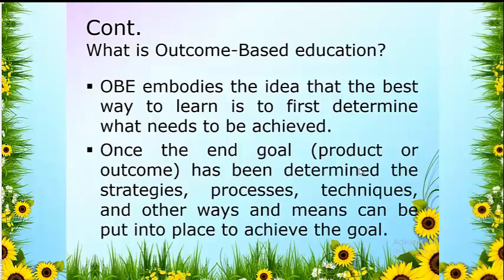So in all our undertakings, the first thing to do is to set the goal or the objective. Once the end goal or product or outcome has been determined, the strategies, processes, techniques, and other ways and means can be put into place in order to achieve the goal.